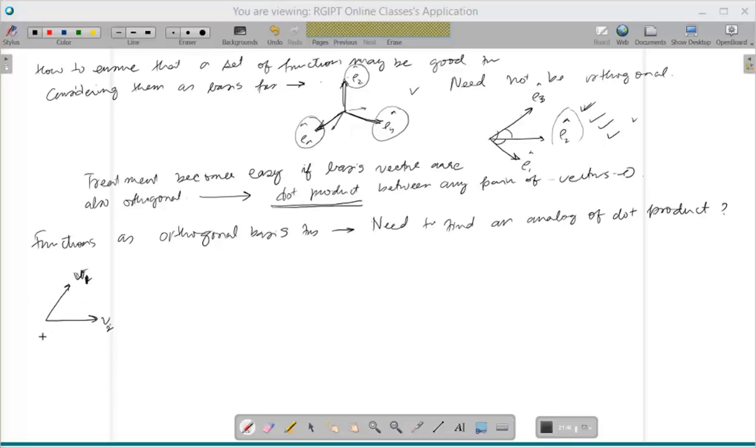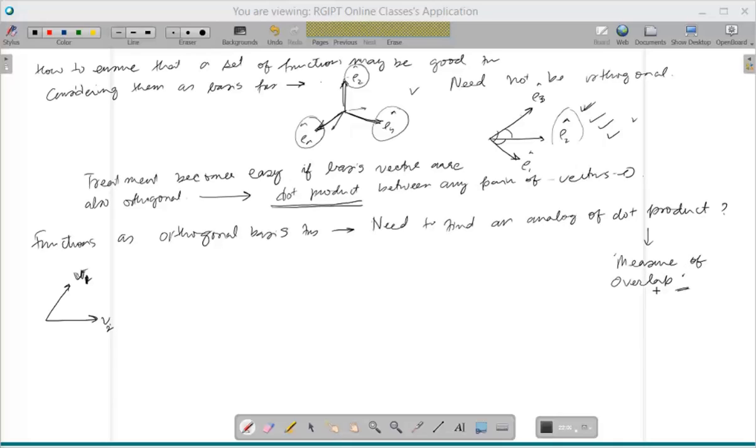So it's a kind of projection, or a measure of overlap. Dot product is a measure of overlap. Geometric projection, that's correct, exactly. So I'm going to interpret it as a measure of overlap and then extend this idea to functions.